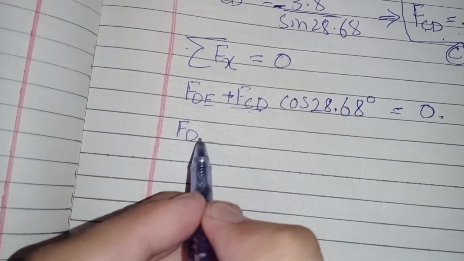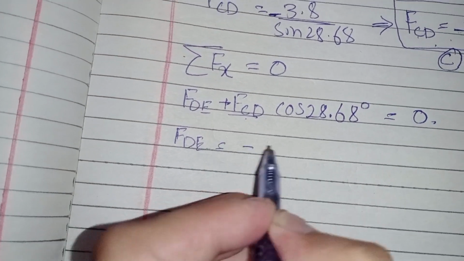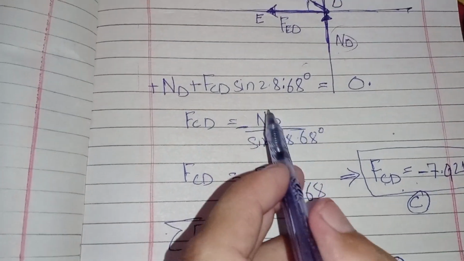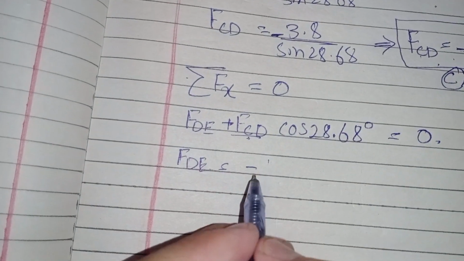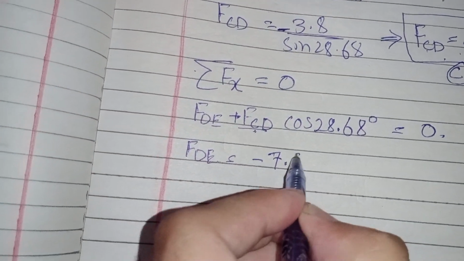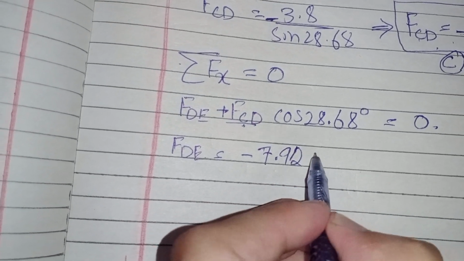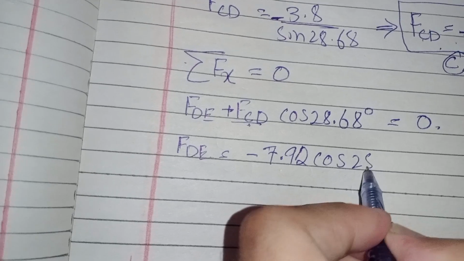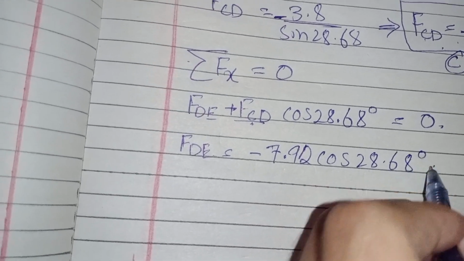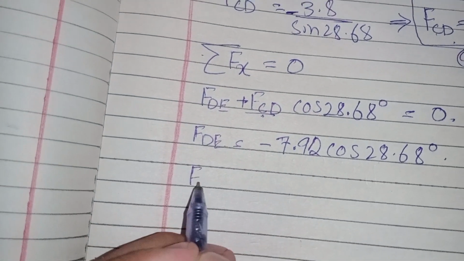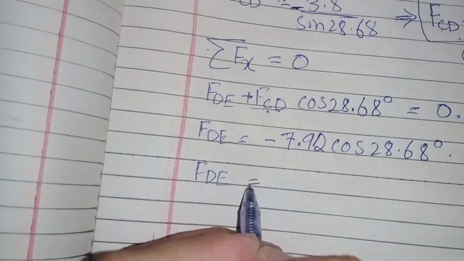So FDE equals negative FCD value, 7.92 cos 28.68 degrees.